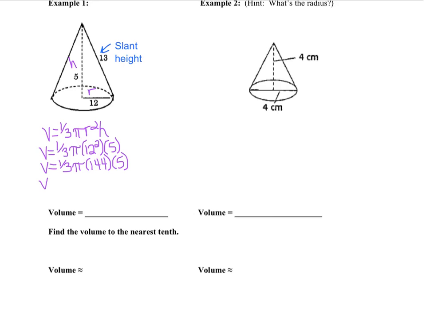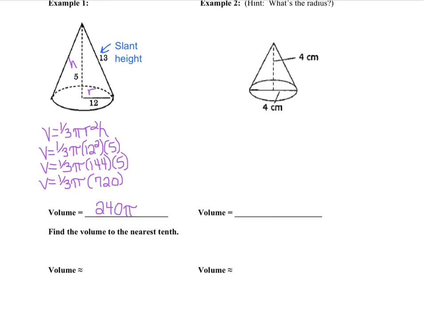So 144 times 5 gives me 720. Then I multiply 1/3 and 720, and 1/3 of 720 is 240. So now you have 240 pi.